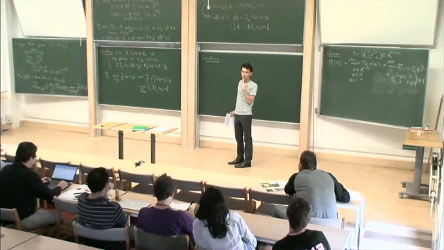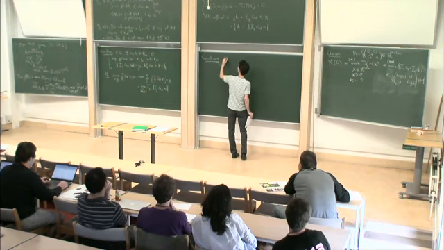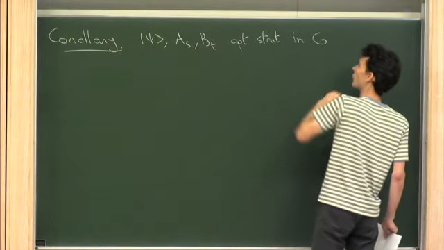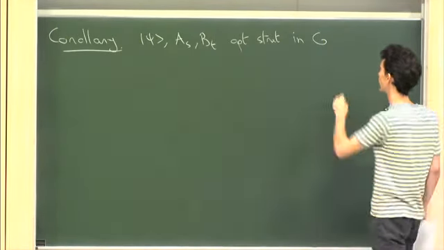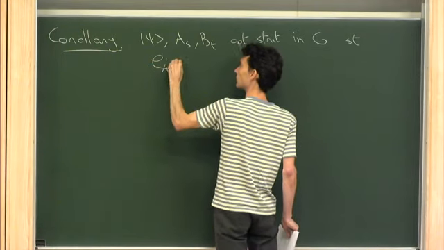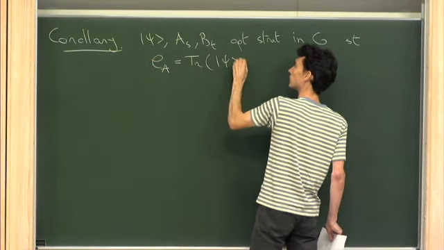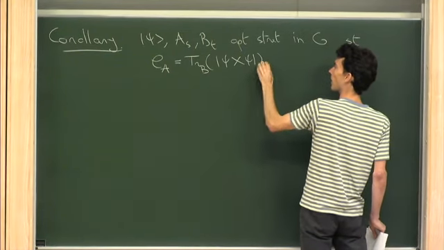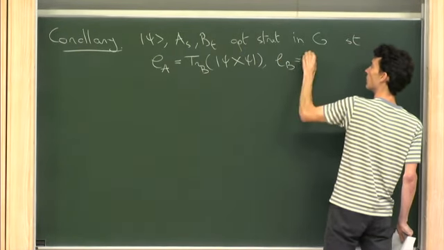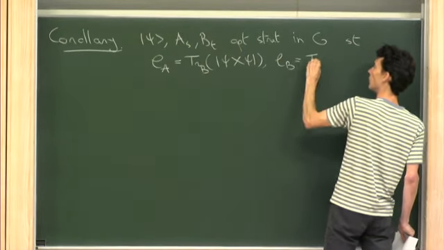All right. So again, I fix the game and I fix psi, AS, BT, an optimal strategy, so that achieves the bias in G, such that the strategy is non-degenerate, in the sense that if I look at the reduced density of the entangled state on Alice, so I trace out Bob, and then I can also look at the reduced density on Bob, trace out Alice, side by side, so that these two are invertible.